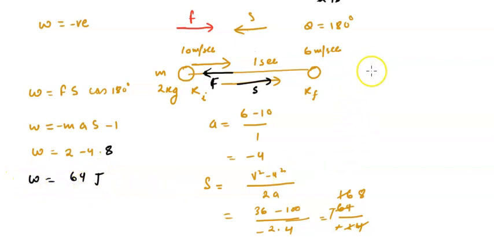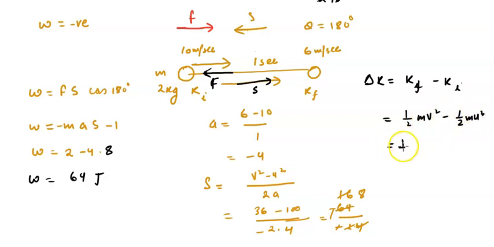Now, to prove that the work done here is decreasing the velocity, the change in the kinetic energy has to be negative. So I'm finding the change in the kinetic energy, which is final kinetic energy minus initial kinetic energy. The final kinetic energy will be half m v square, and the initial will be half m u square.